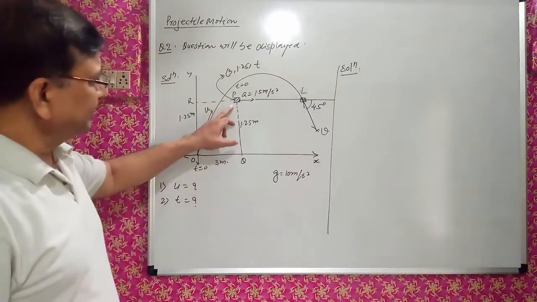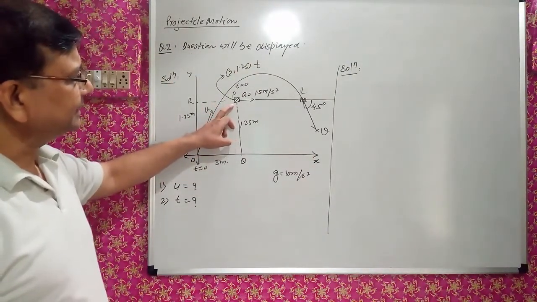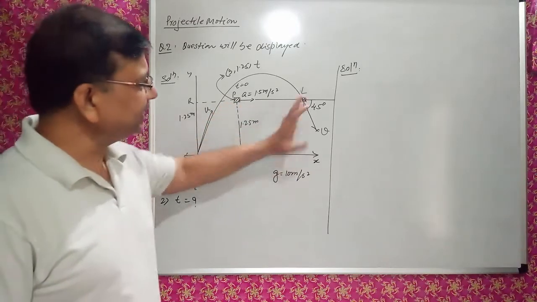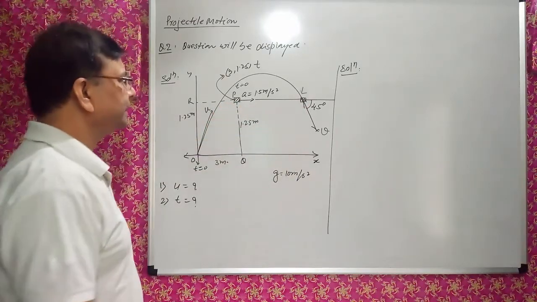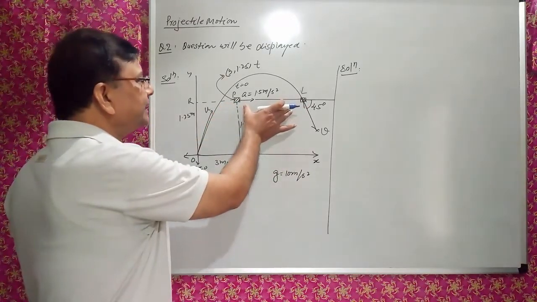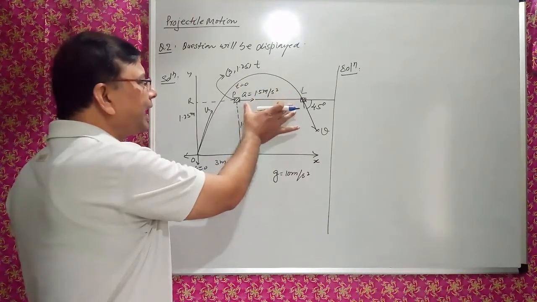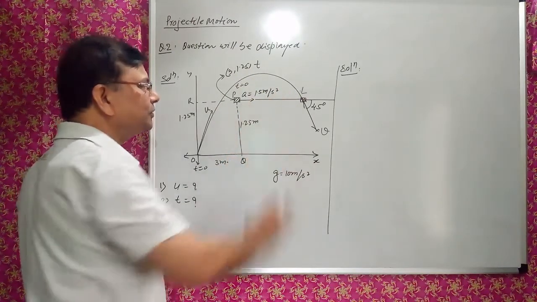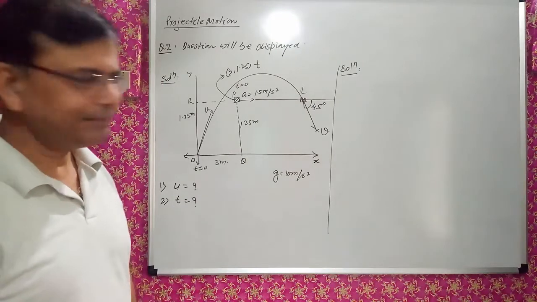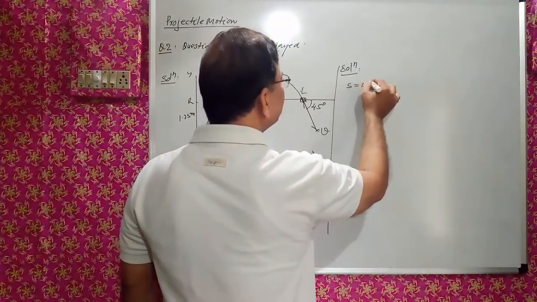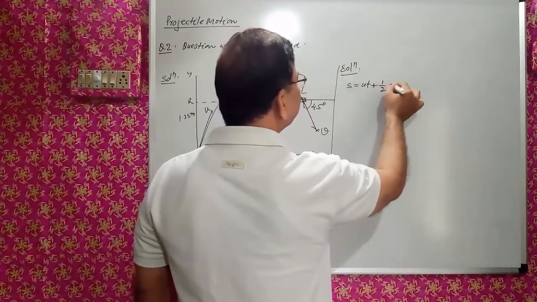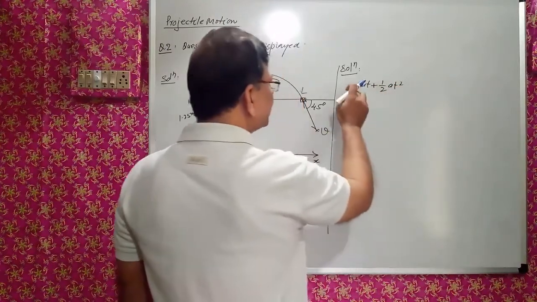See, from the initial stage, it starts moving in this direction, right? So we will find how much distance it covers in time t. That we can find: S is equal to ut plus half at square. S is what?